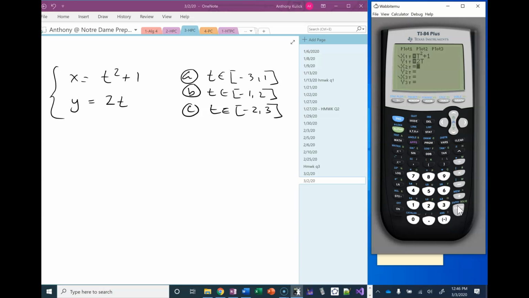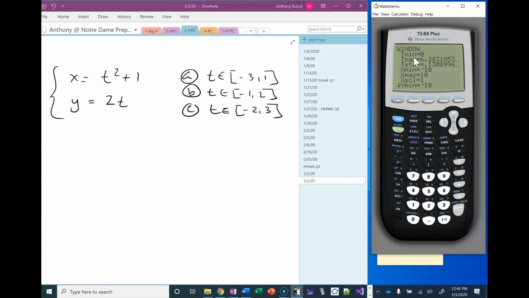Okay. The last thing I need to do now before I can press graph is to define the interval that I want to graph over. So in this case, I want to graph over the interval -3 to +1. Everybody okay with that? So to do that, I'm going to go to the window button.